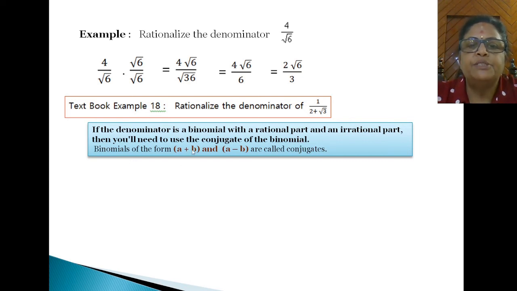Binomials of the form a plus b and a minus b are called conjugates. So 2 plus root 3 and 2 minus root 3 are conjugates. So here you will multiply 1 by 2 plus root 3 into 2 minus root 3 by 2 minus root 3.